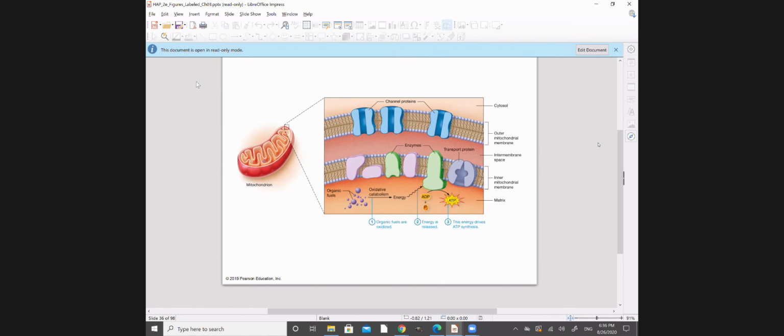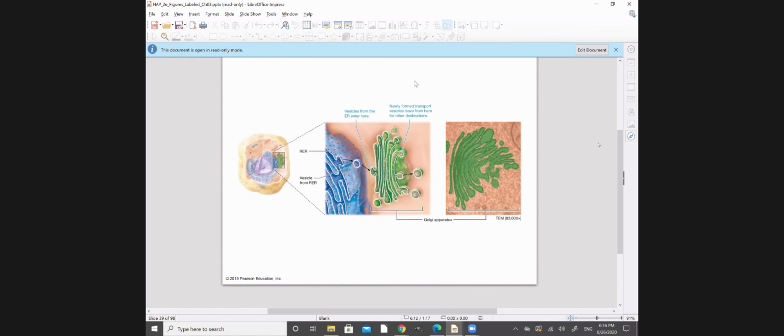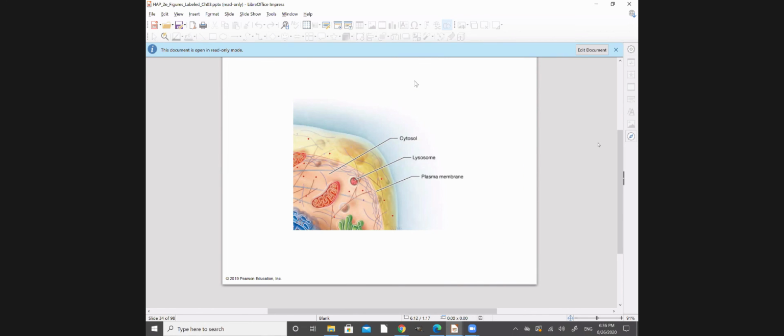I also would like to mention the peroxisomes, and these are small structures which are located inside of the cell.